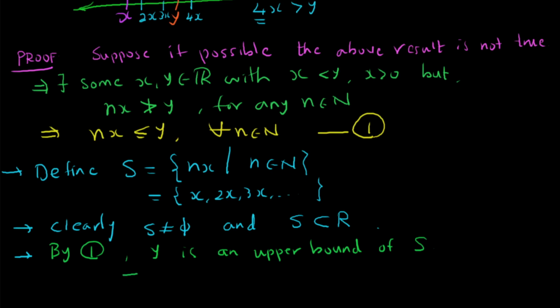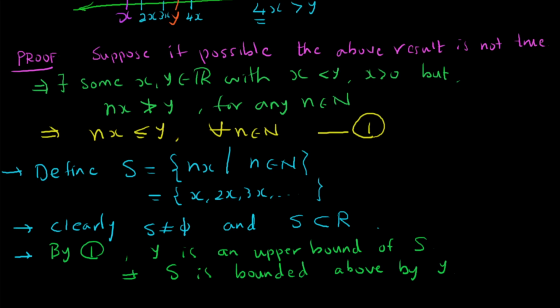Whenever a set has at least one upper bound, we call it a bounded above set. So S is bounded above by y.